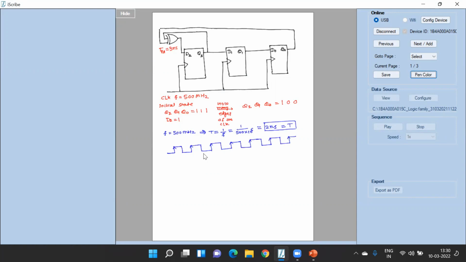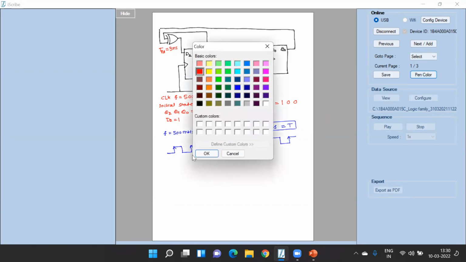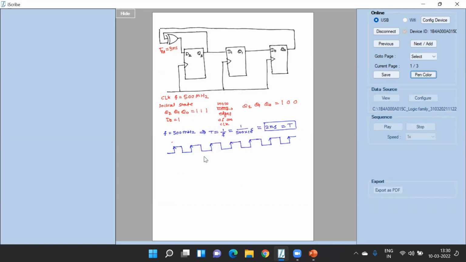Now we have to compute the edges after which this happens. I'm going to mark this with a different color. This is my edge number 1. Before that it is the initial state, which is called 0. After the first edge, this is my second, third, 4, 5, 6, 7, and so on.